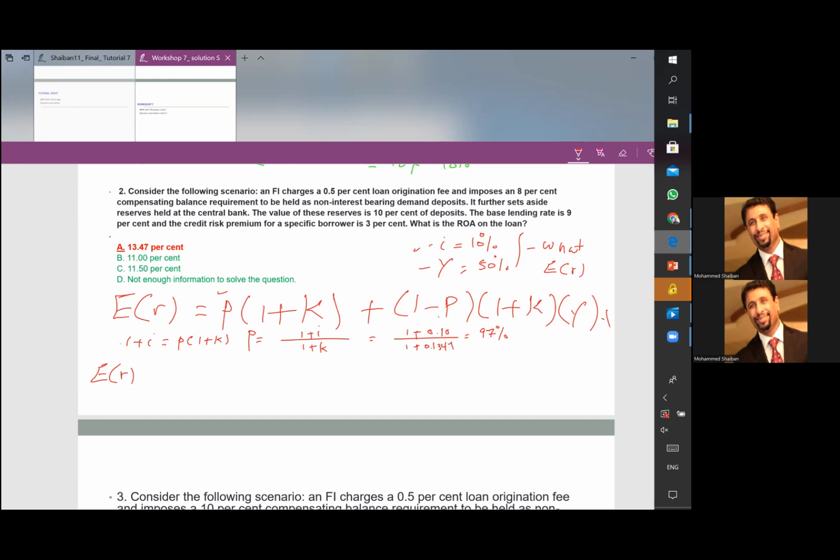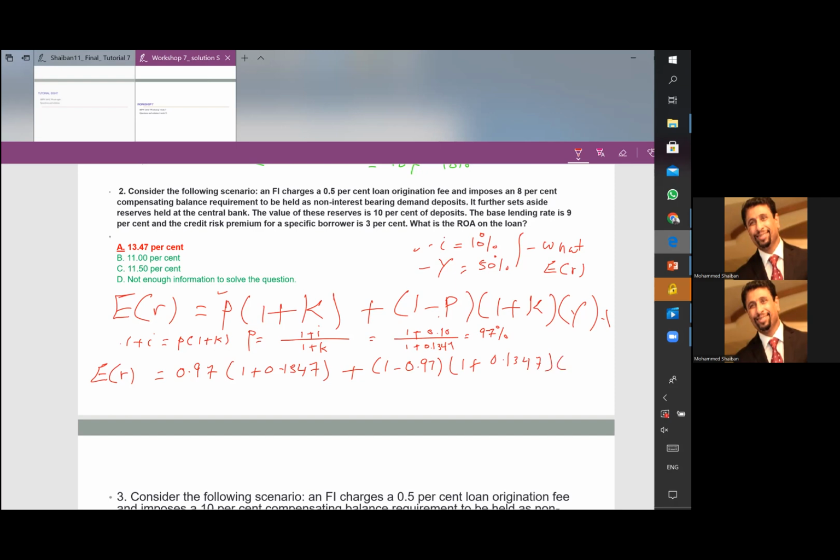Since I know the P, the expected return is 0.97 times 1 plus 0.1347, the K which I calculated, and then I have to add the probability of non-payment, which is 1 minus 0.97, multiplied by 1 plus K, which is 0.1347.